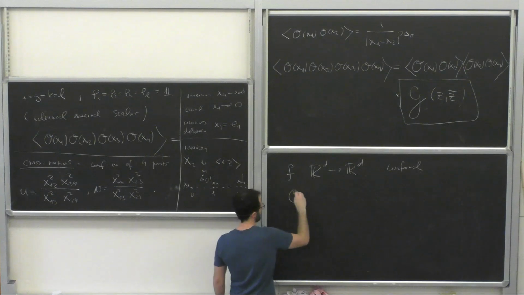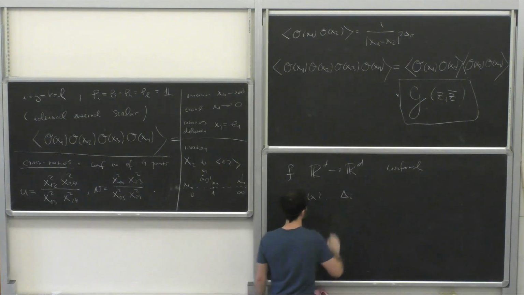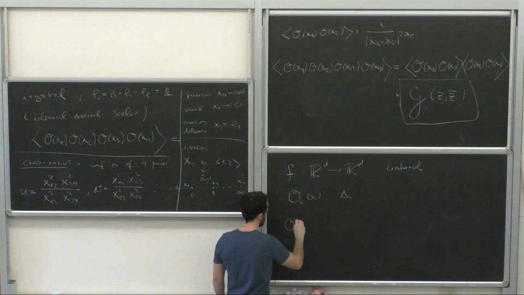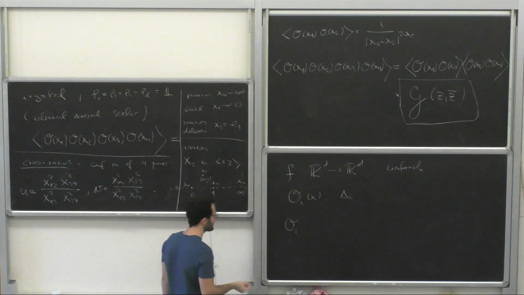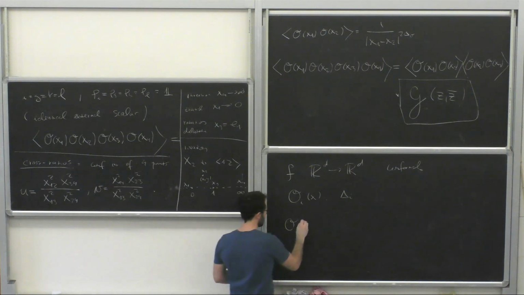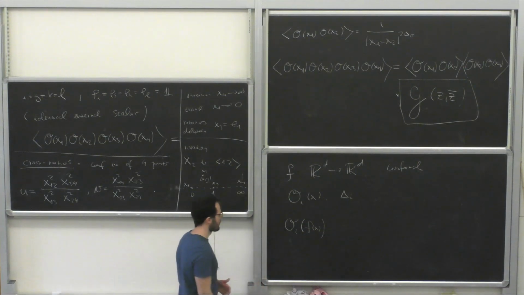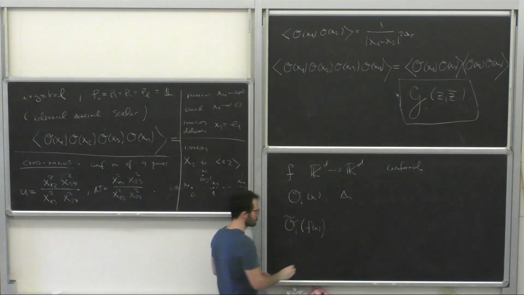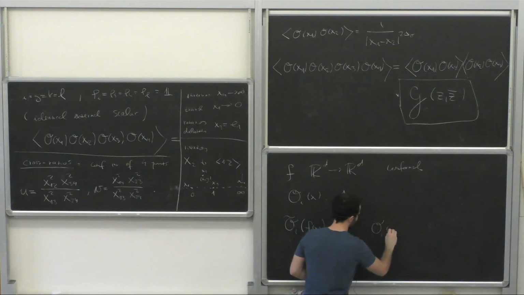So let's start with some operator O_i of x of scaling dimension delta_i. Then what happens after a transformation? Well, the way I always remember it is that the new operator at the new transformed point, let's call this O prime or tilde, the operator after the transformation, is related to the operator before the transformation.